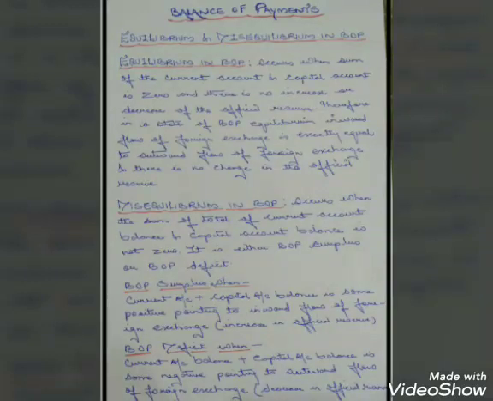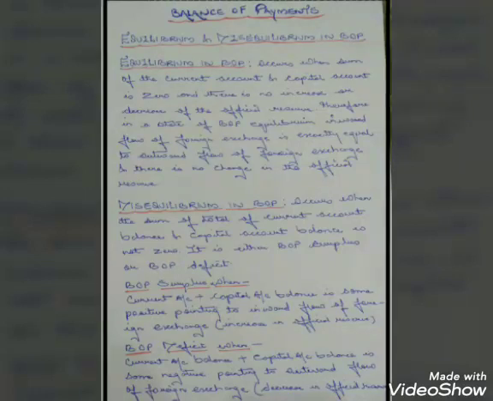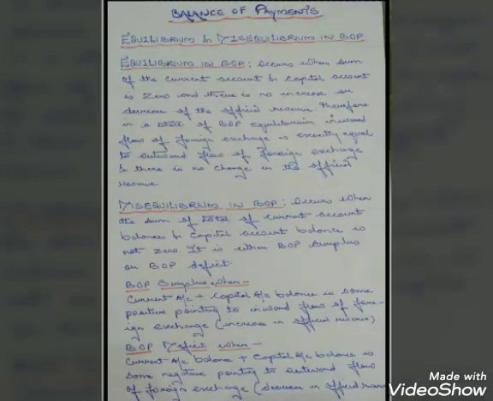Now if we talk about disequilibrium in balance of payment, it occurs when the sum total of current account balance and capital account balance is not 0. It is just opposite to equilibrium. It is either a positive number or a negative number. In case the sum total of current account balance and capital account balance is positive, it indicates balance of payment surplus.